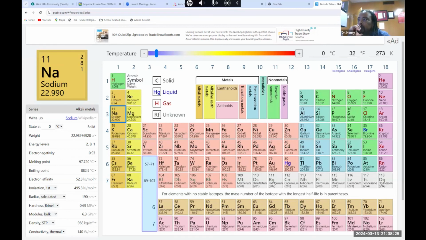So sodium is here, and it's only one away from being a noble gas, or it could try to gain 7 electrons and be like argon. Would it be easier for it to lose 1 electron and be like neon, or would it be easier for it to gain 7 electrons? To lose one and be like neon. It's easier to lose one. Less energy, right? And everything is going to be about less energy.